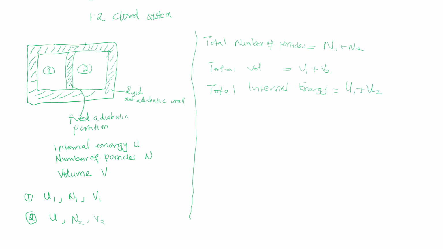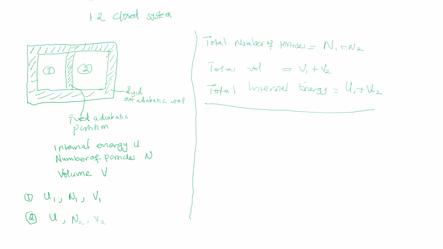Now, if this is true, that for a composite system the total number of particles equals N1 plus N2, the total volume equals V1 plus V2, and the total energy equals U1 plus U2, there is no other addition in the number of particles, no addition in the volume, no addition in the energy from the outside.